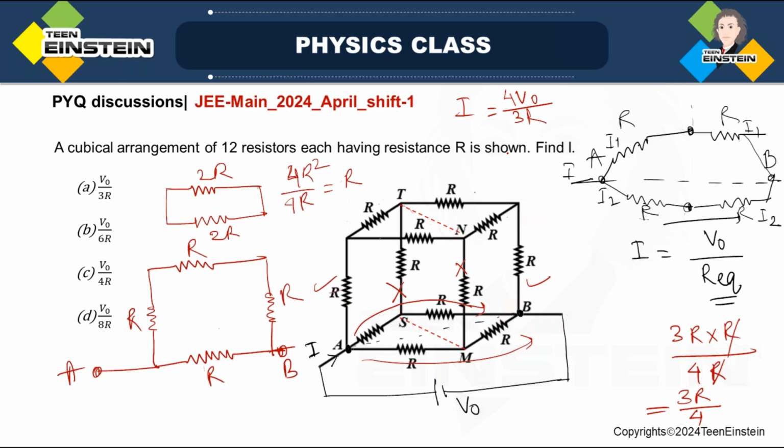Just let me check this. I think I am doing some mistake in the figure, whether it is V0 or V0 by 2.